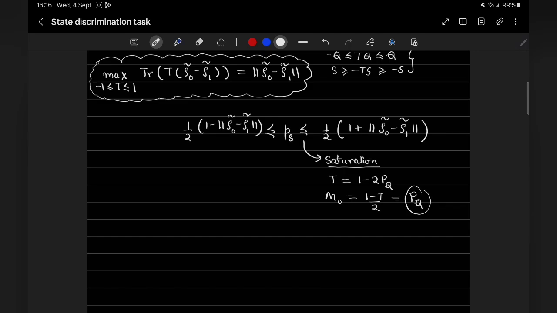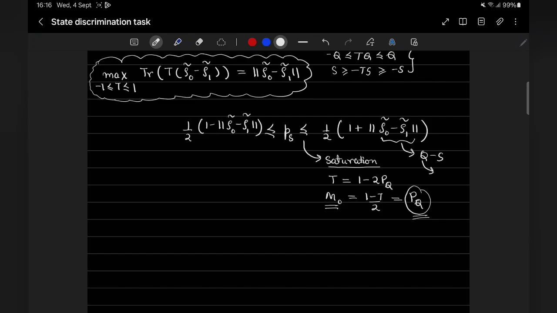So this means that if I take my POVM to be the projector along the positive eigenvalue, so basically I take rho 0 minus rho 1, and then I calculate q minus s, and then I use the projector onto q.